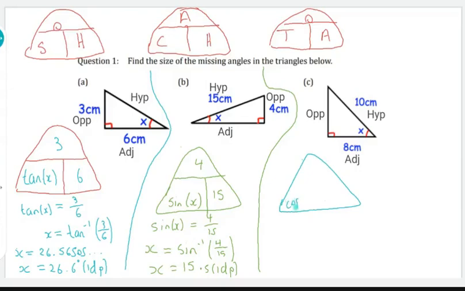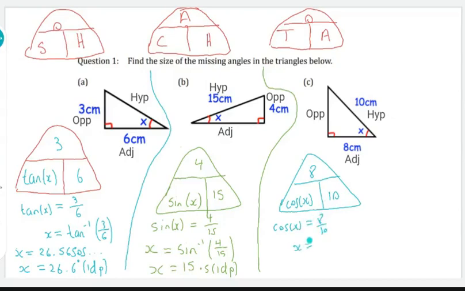That's cos x. Then we've got the adjacent, which is up top, 8, and we've got the hypotenuse down here. Cool. Then we say cos of x equals 8/10.